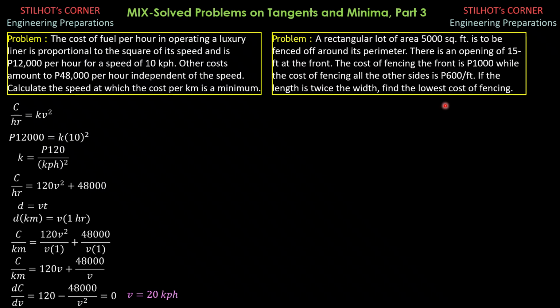So the analysis here is, if there's no given area and there's no given condition that the length is twice the width, we must consider the front as 15 feet. That's already the front and there's no more fencing on that side to minimize the cost.